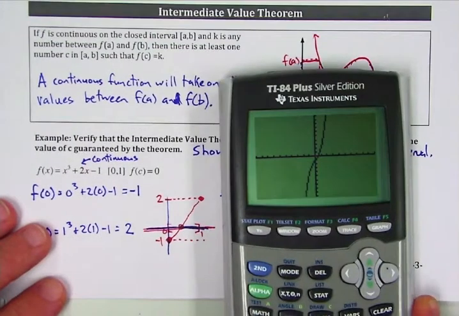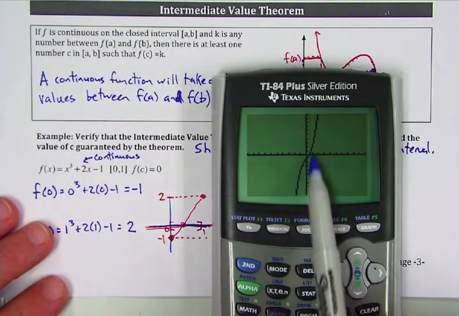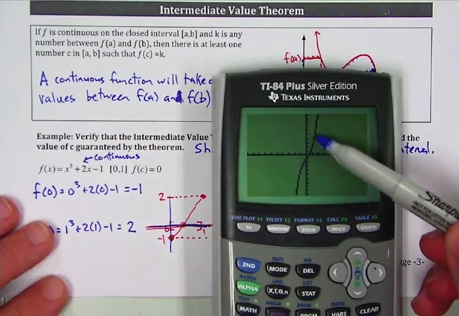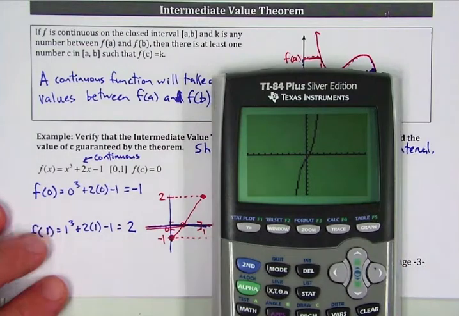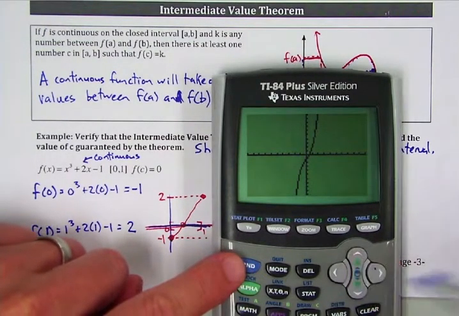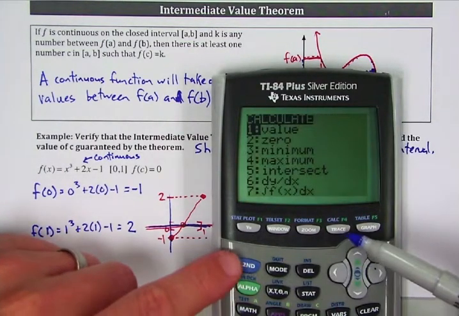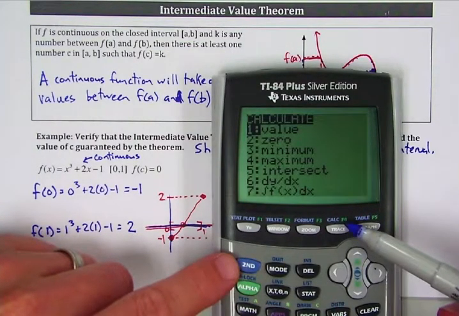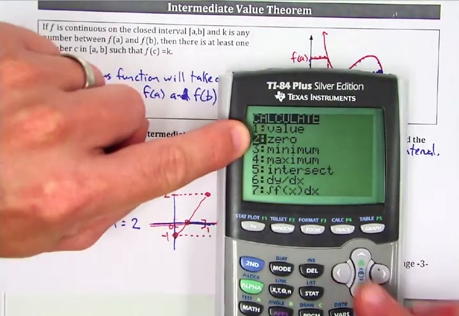And you can see between 0 and 1 that it is continuous right there, and it does cross the x-axis. Now to find the 0 on your calculator, you're going to go second calc, and then select 2, which is zero.